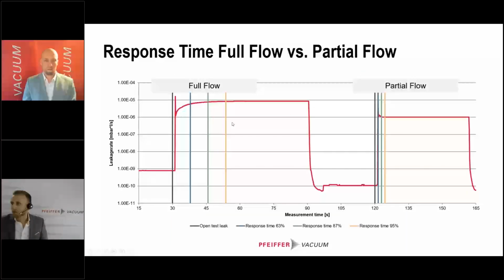So you see, for instance, a difference here in the 1 × 10⁻⁹ range. This is the background that the leak detector is seeing, and the sensitivity is the relation of the leak rate that it is then actually detecting. So it's a different thing, the machine factor and the sensitivity.